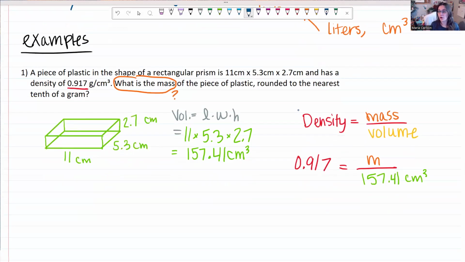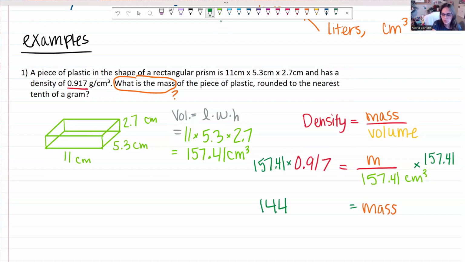So to solve for the mass, which I just abbreviated with an M, I have the mass divided by this volume. Let's multiply by the volume. I'm going to multiply both sides by 157.41, and that is our mass. So when you multiply these two values, your mass is approximately 144.34497, which the problem asked us to round to the nearest tenth, and the number that is in the tenths place right now is a 3.